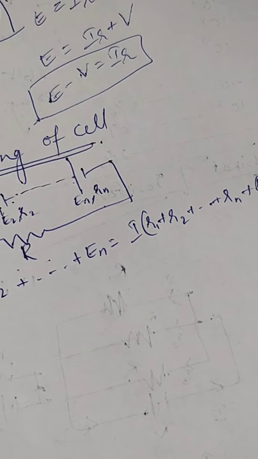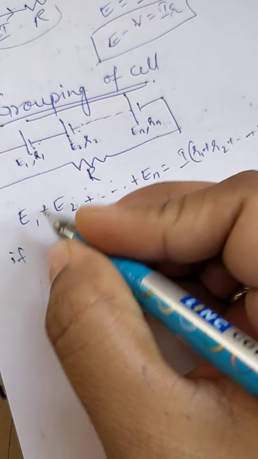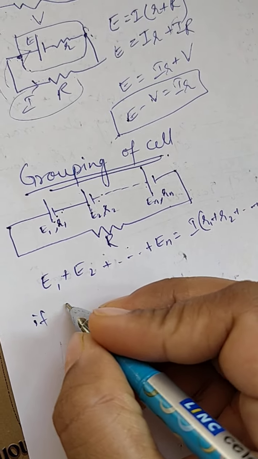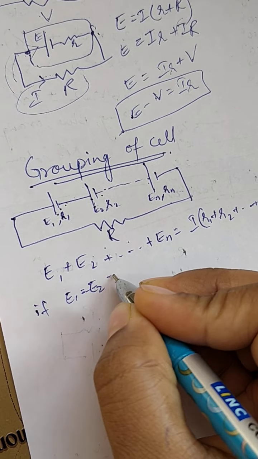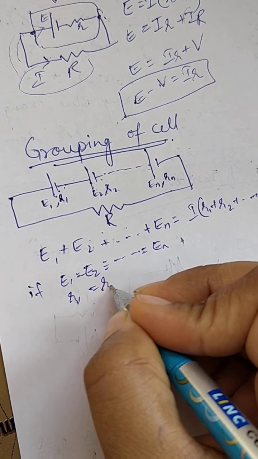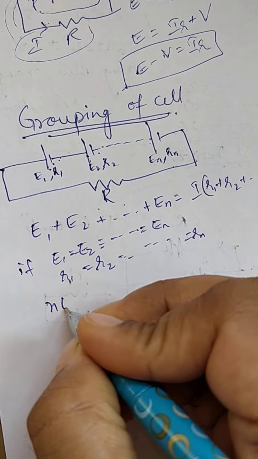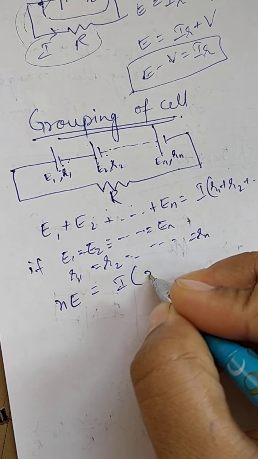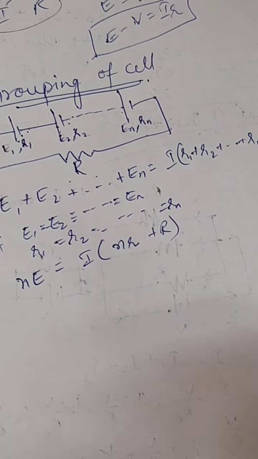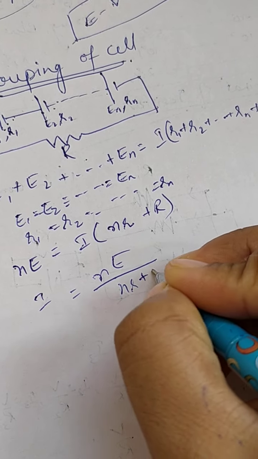Now this is the general equation, but if they all are identical cells, then E1 is equal to E2 and so on is equal to En. In the same way, r1 is equal to r2 is equal to rn. So what you will get is nE is equal to I times (nr plus capital R). Okay, and so I will be equal to nE upon nr plus capital R.